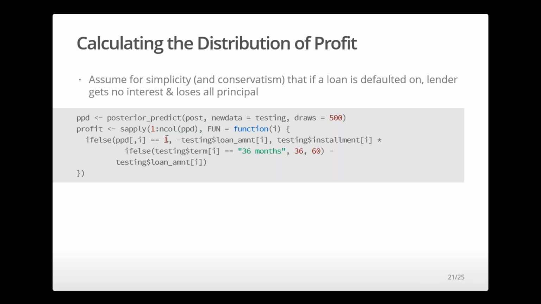If the person is simulated to default, then we're going to assume we lose the entire loan amount. If this is simulated as 0, then we calculate the installment payments multiplied by the number of payments, and then subtract the original amount to tell us the accumulated interest.